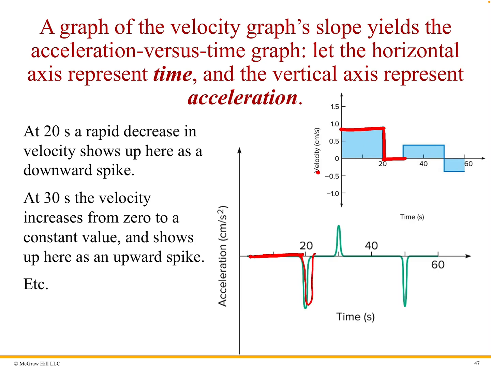So it does this little dip here. And then at 30 seconds, it starts back again. And then it has no slope again. Even though we have a negative velocity here, and this is at 50 seconds when that starts, it's slowing down again, but it just has this constant, no-slope velocity. So it's 0 acceleration.